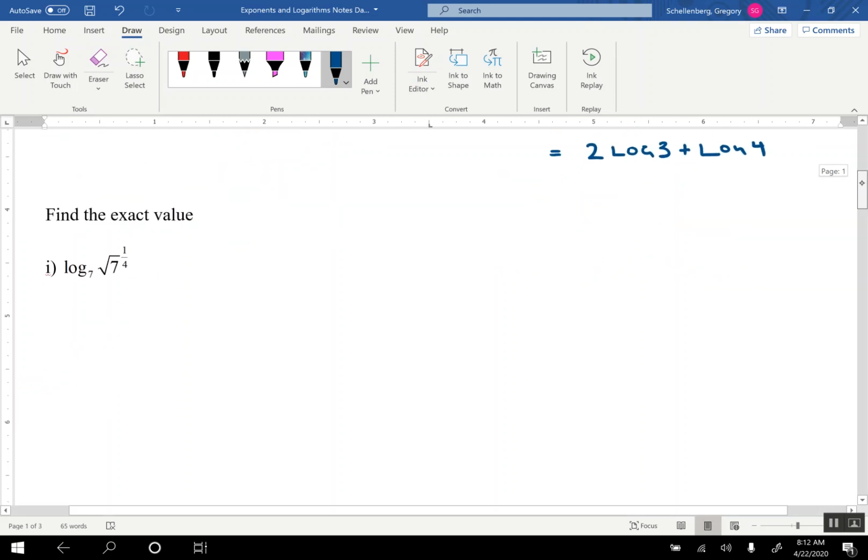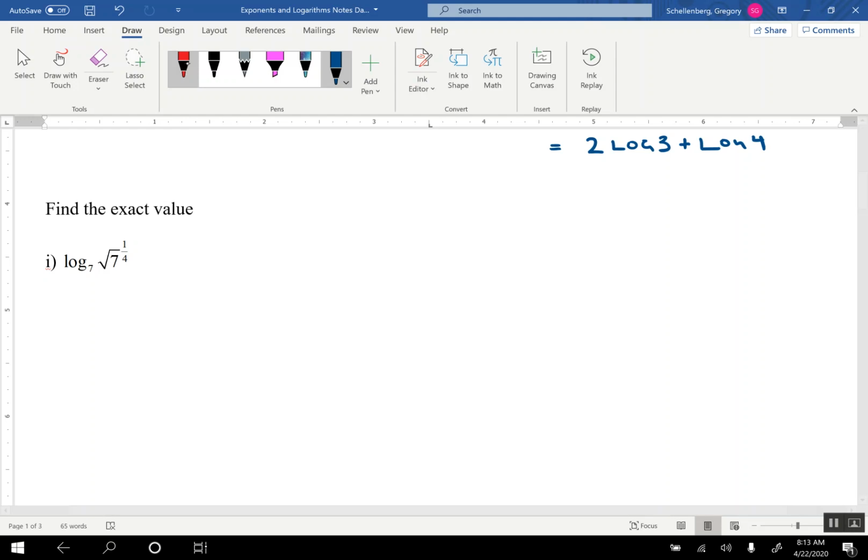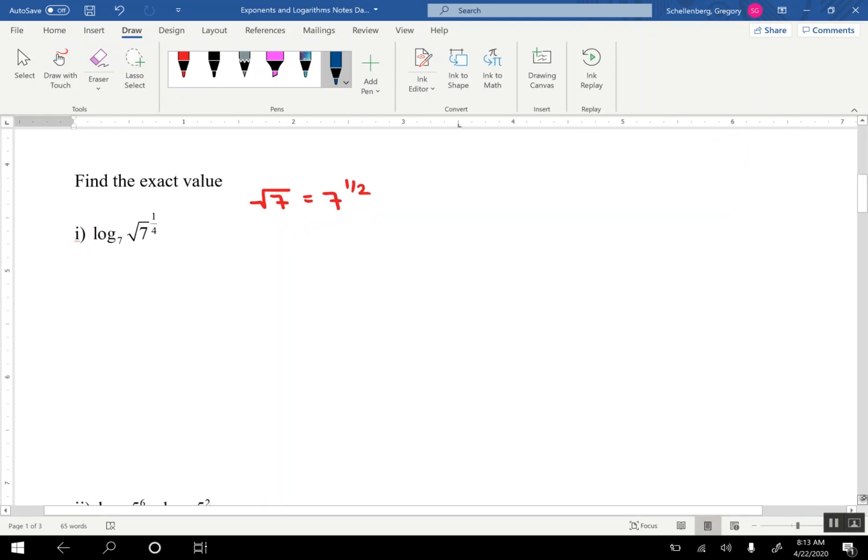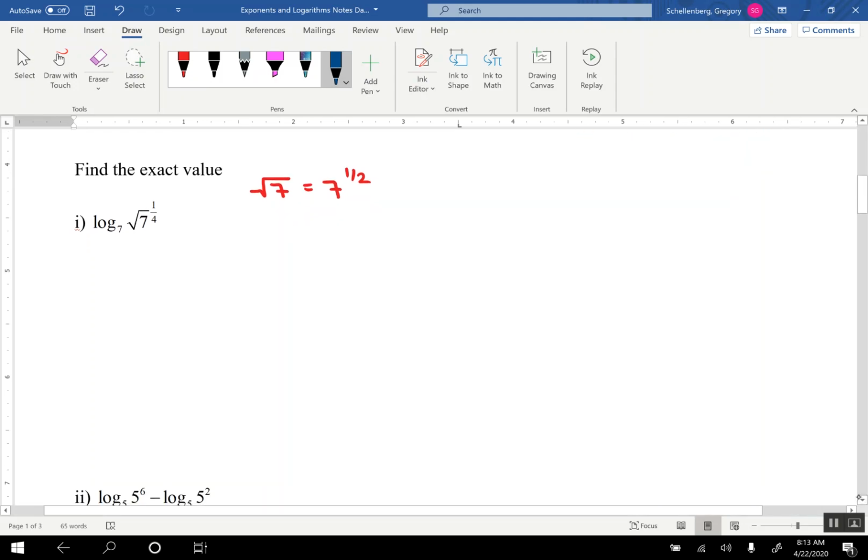Moving along. So find the exact value here. Let's just remember, a little note here, that the square root of 7 we can rewrite as 7 to the power of 1/2. Okay, so we want to keep that in mind here. So our first step is we're going to rewrite the expression log base 7 of, and I'll just change the argument to 7 to the power of 1/2, and that's being raised to the power of 1/4.